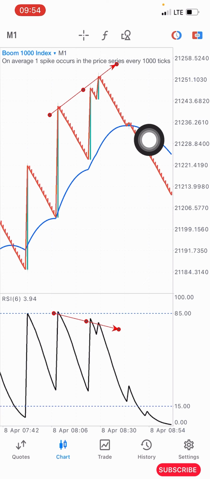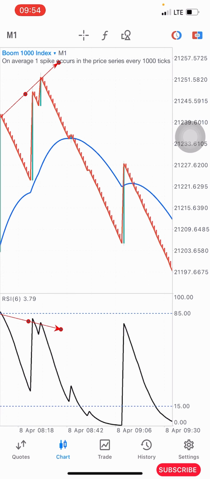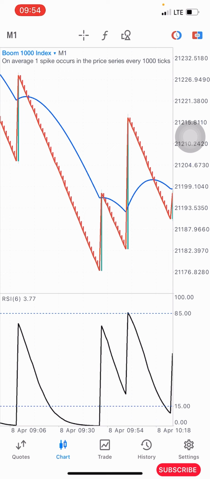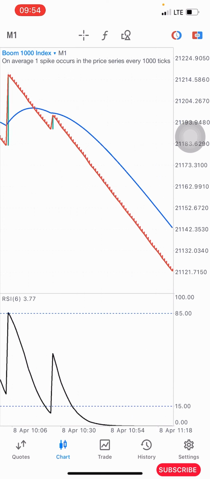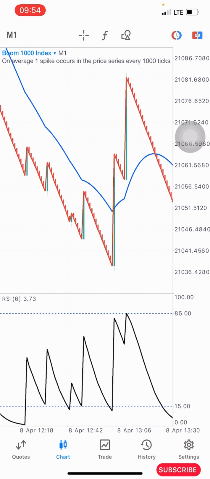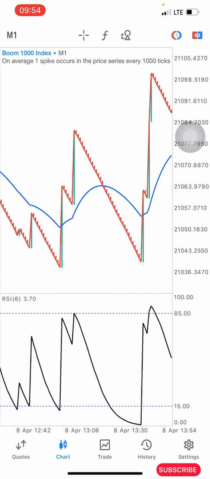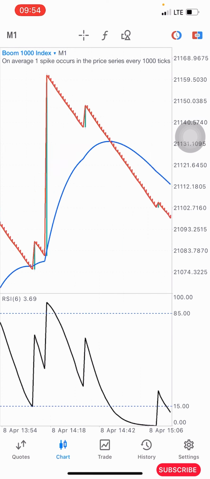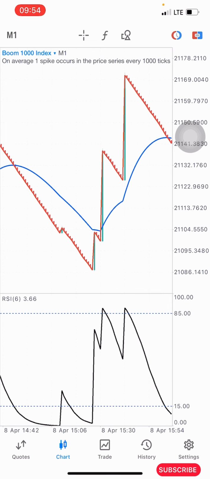Once you see the red line below the blue line, you go in immediately and pick your 5 candles, and then you exit the market. It's as simple as that, guys. Make sure you practice very well with this strategy, and once you see that it's working for you, you can trade with your hard-earned money.